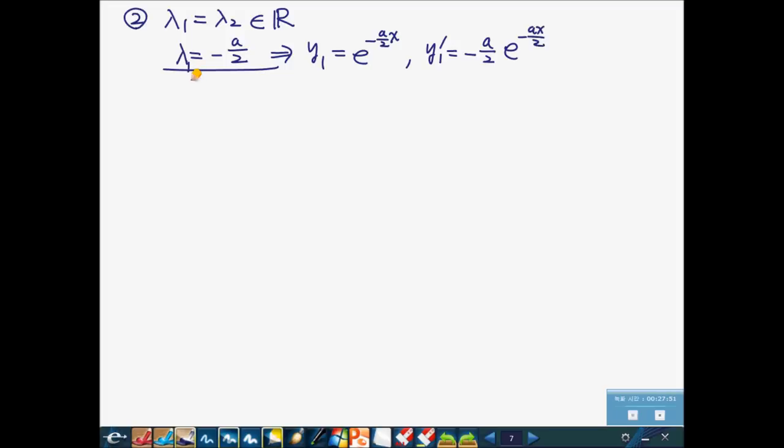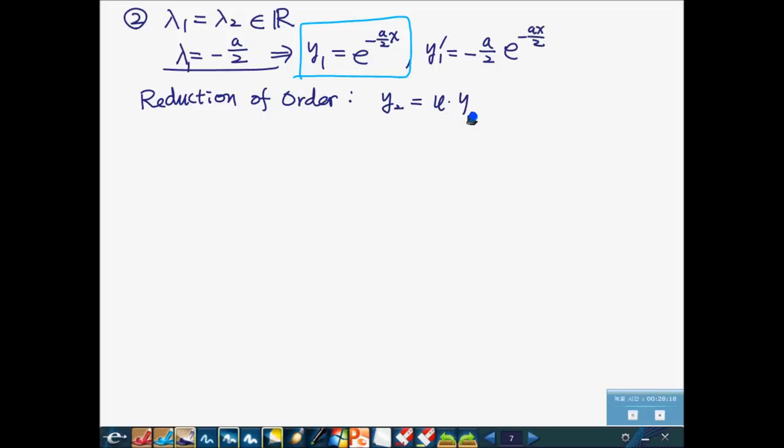Let me write it lambda 1. So this means that we know just one solution. And then we have to use reduction of order, by assuming y2 is u times y1.